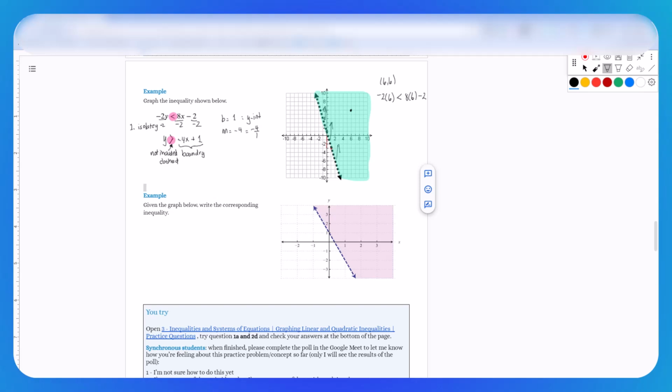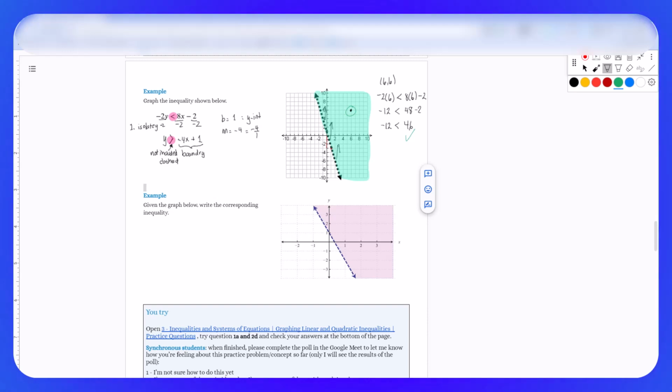Let's see if that holds true. We get negative 2 times 6 is negative 12, less than 48 minus 2, which is 46, and this is 100% true. So this tells us we've done things right.